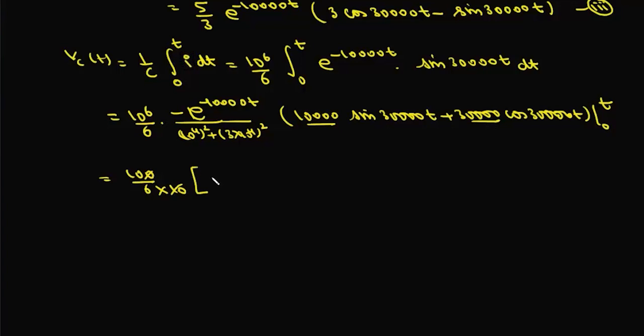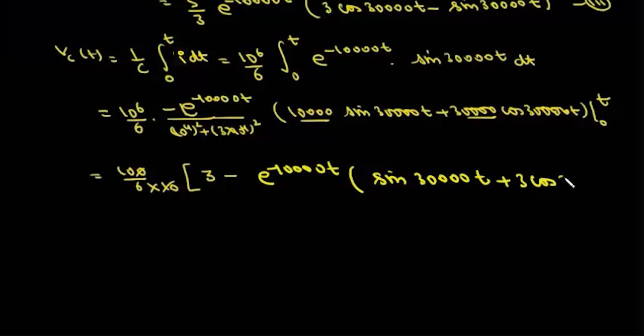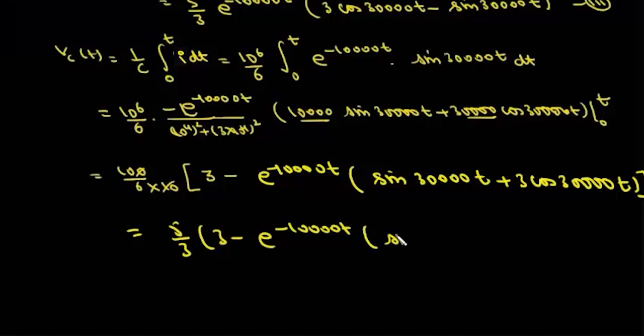We'll get this as 3, and then minus, and then we'll put t, so it'll be e to the power minus 10,000 t, and this is sine 30,000 t plus 3 cos 30,000 t, which is 5 by 3 times 3 minus e to the power minus 10,000 t sine 30,000 t plus 3 cos 30,000 t, and that is the voltage across capacitor.